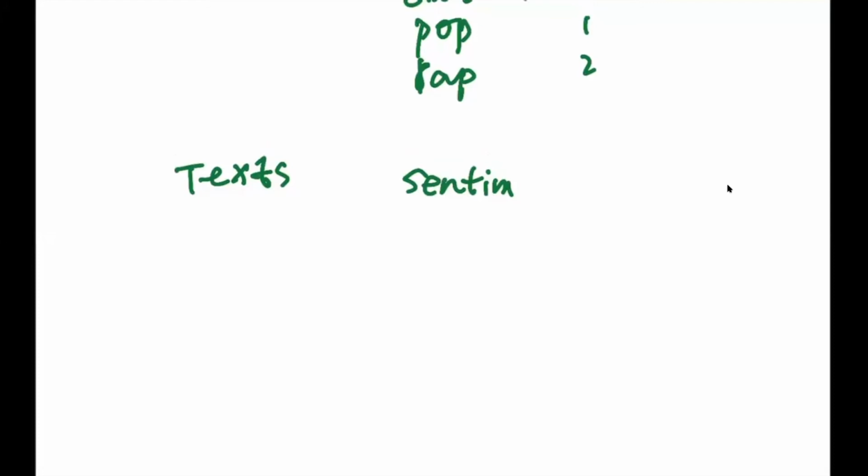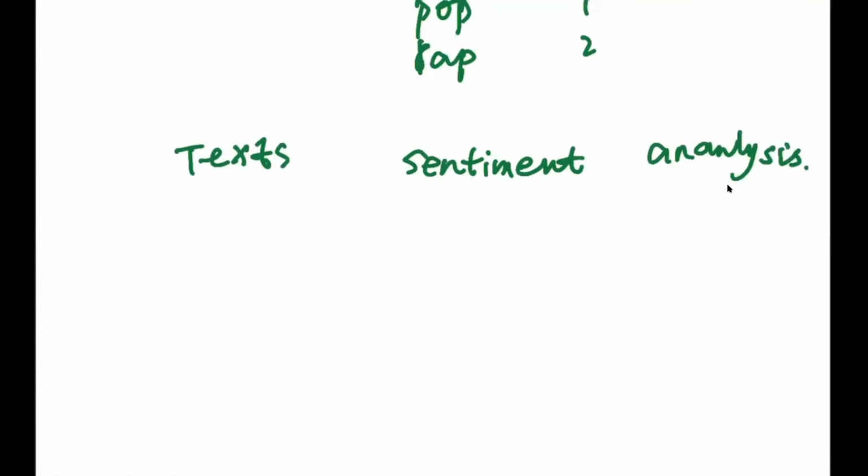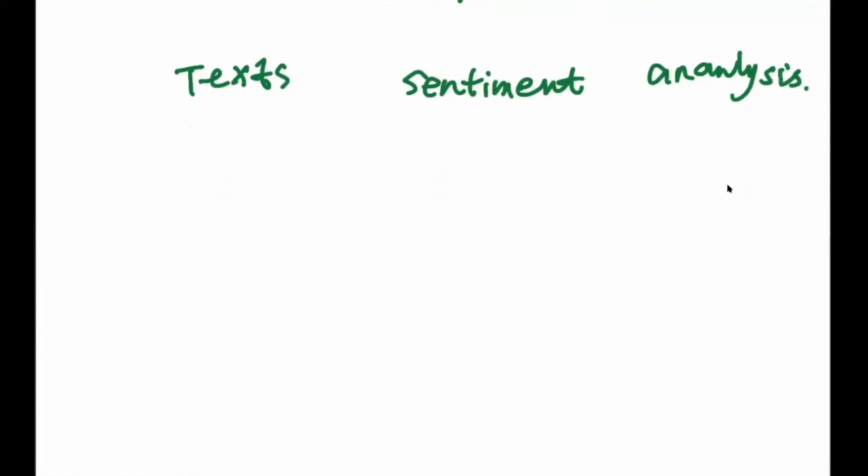For texts, a very commonly used one is sentiment analysis, which is where you try to analyze the sentiment from a given sentence. Say something from customer reviews. For example, I say this movie sucks, or I say excellent restaurant, I'll definitely come back later.